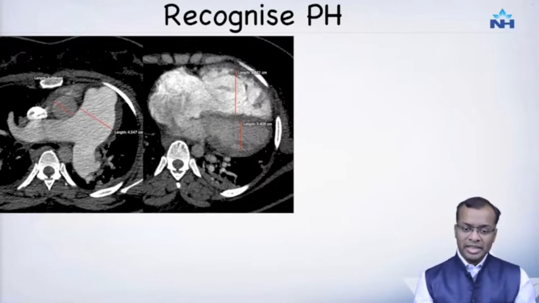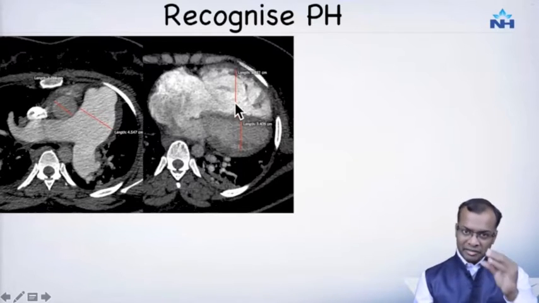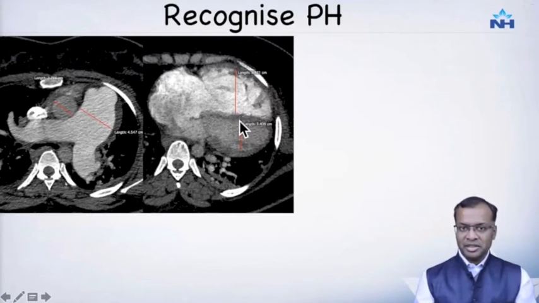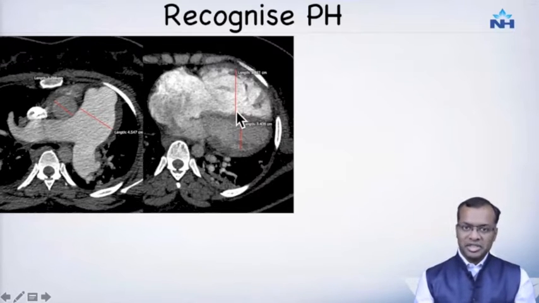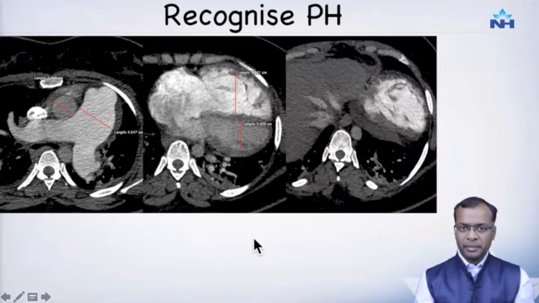The other feature to look for is the dilatation of the right ventricle in comparison to the left ventricle. The right ventricle invariably is smaller than the left ventricle, but if we start to see that the RV is dilated, that is another feature of pulmonary hypertension. We can also see a surrogate marker of tricuspid regurgitation on a CT scan.